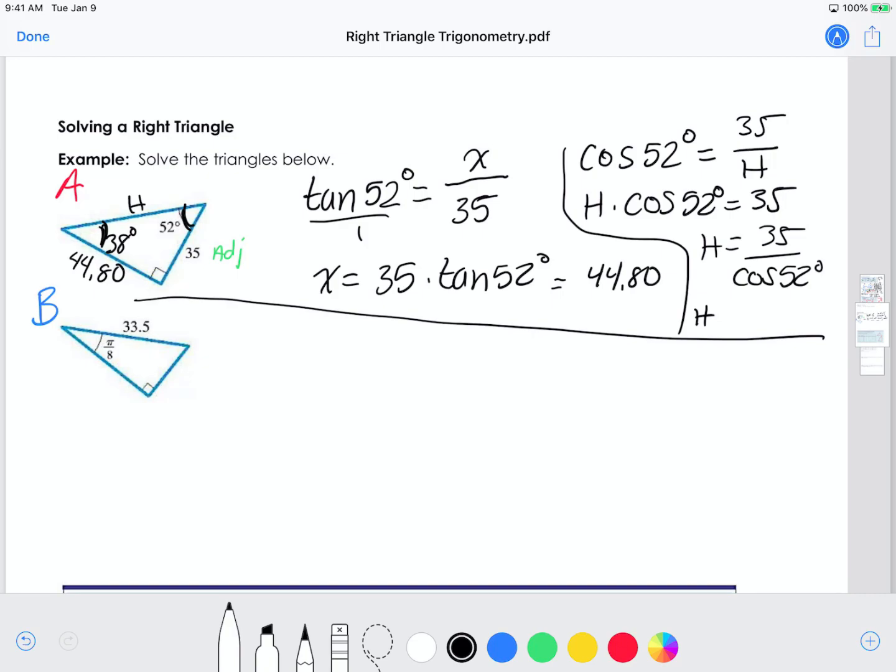And I'm going to get that the hypotenuse rounded to two places would be 56.85. So this side here, the hypotenuse, has a length of 56.85. So now we found the lengths of all three sides, and we found all the angles. So triangle A is officially solved.